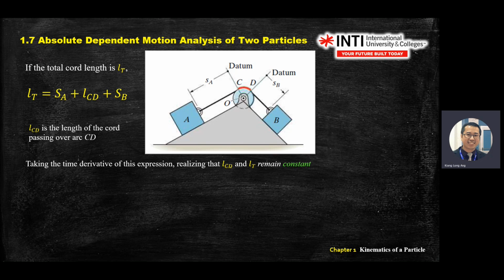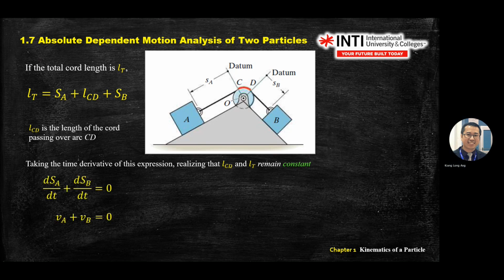SB, you differentiate, you get VB. You rearrange, you get the relationship between A and B. I explained this from here: you differentiate the whole equation with time, you get 0 on this side, LCD is 0, you rearrange, you get this.